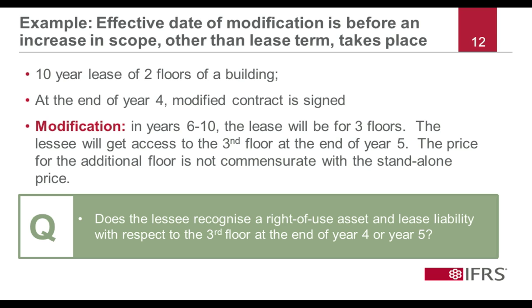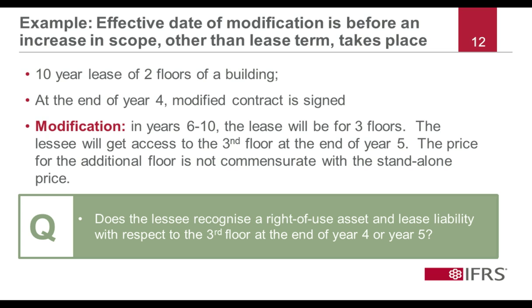Now, applying paragraph 45 of IFRS 16, the lessee again calculates the modified lease liability at the effective date of the lease modification, so at the end of year 4. That means, for example, that the lessee uses the relevant discount rates at that date.